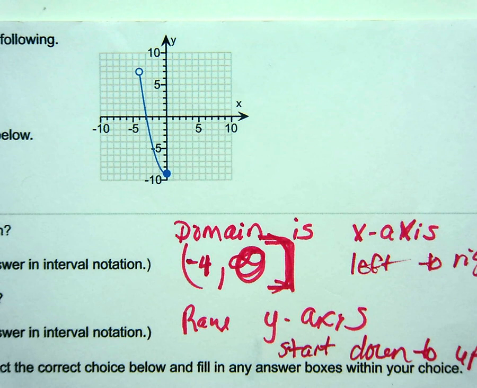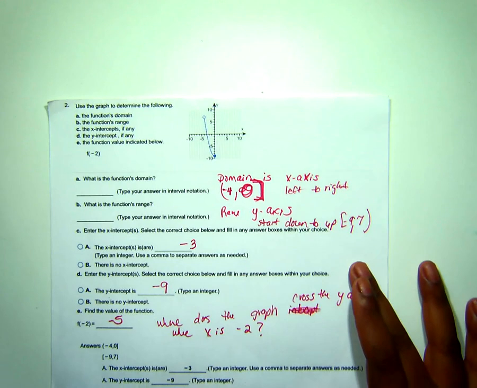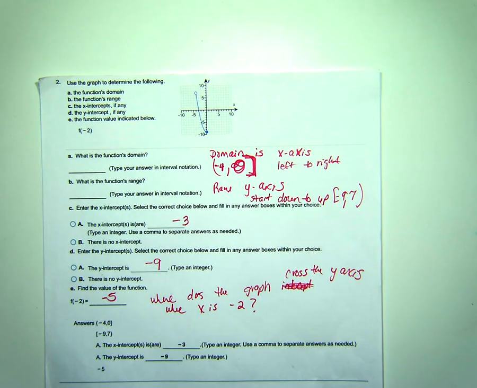Here goes negative 2 on the x-axis. We go to the graph where it stops, and it looks like it stops at negative 5. Therefore, f of negative 2 is negative 5.